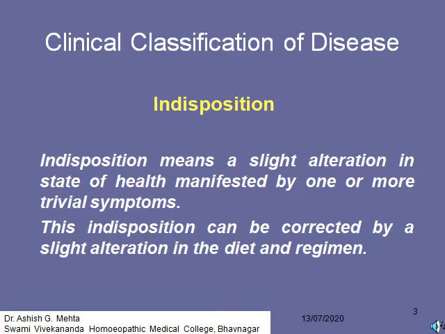For indisposition, we never require any kind of medicine, because here the vital force has not deranged, but the state of health has slightly altered, which can be corrected by the slightest changes in the diet and regimen, so that again the normal physiology will be established and there will be a perfect equilibrium between soul, mind and body.